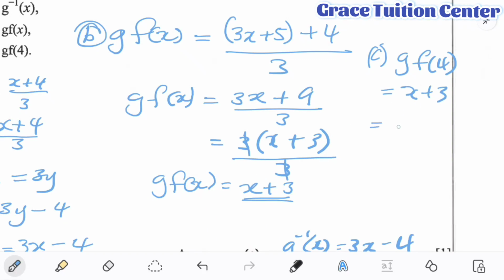This is equal to, where there's x, we put 4 plus 3, meaning that our GF of 4 is equal to what? What is 4 plus 3? It's 7. GF of 4 is 7.